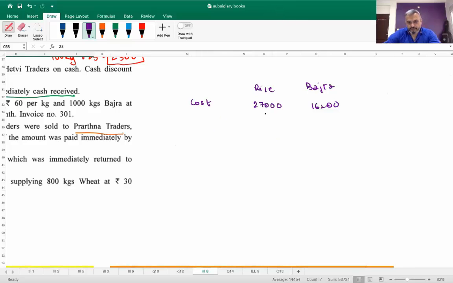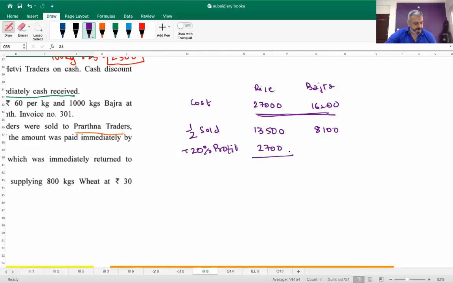Now half of this we are selling. So 13,500 and 8,100. On this we are selling at 20% profit. So 13,500 into 20% is 2,700, add it. So 16,200.